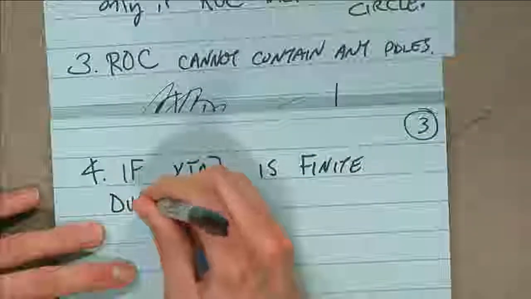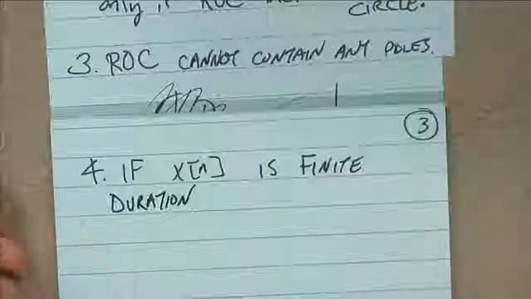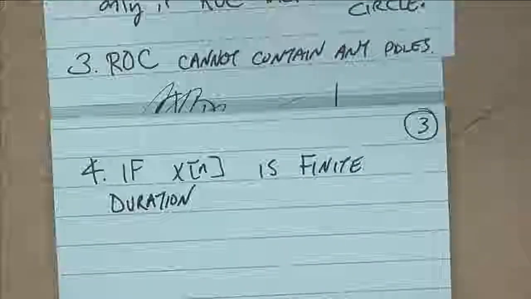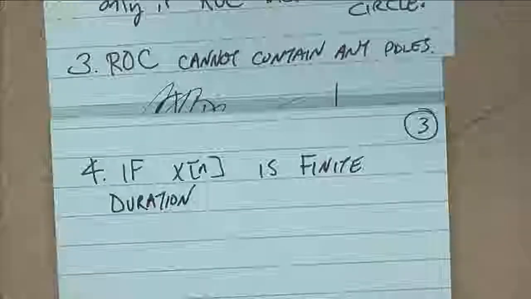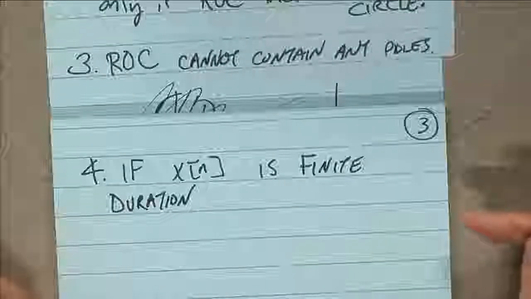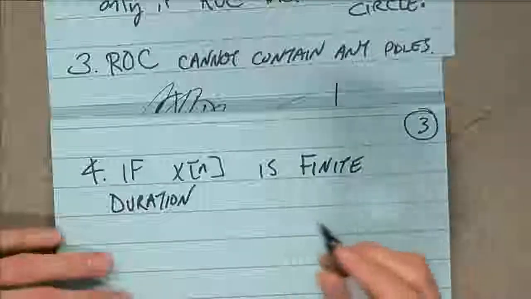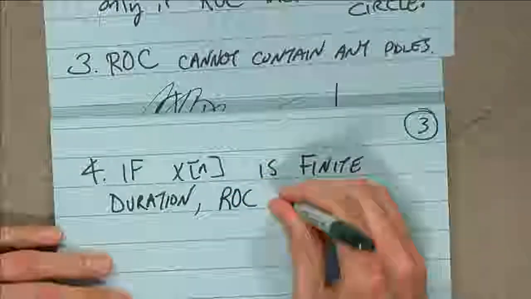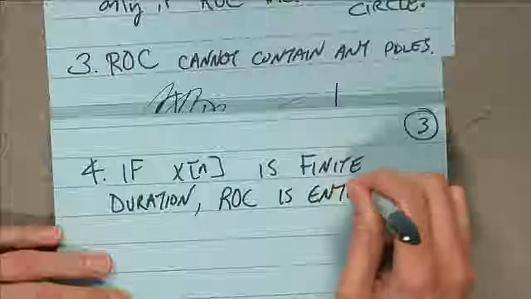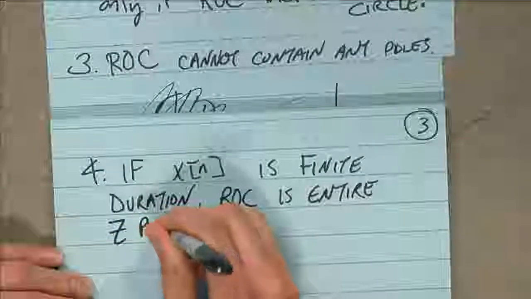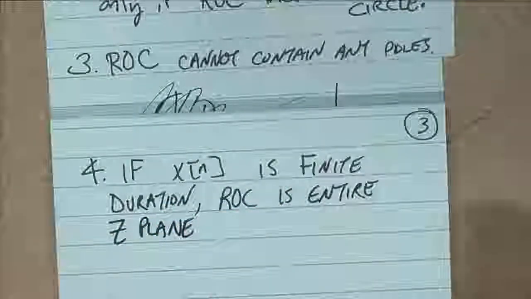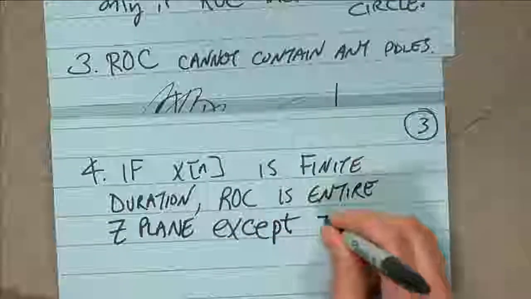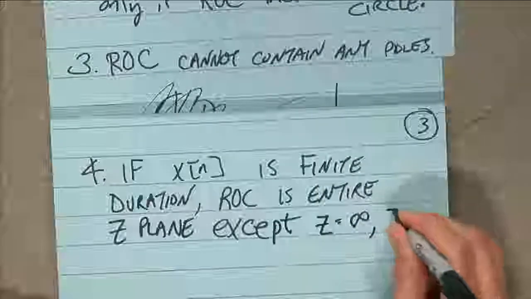That was the sequence of the form like a to the n, z to the minus n, the sum as n goes from 0 to capital N minus 1, one of those types of things where there are only capital N terms. So if it's a finite duration sequence, the ROC is the entire z-plane, with two exceptions: except at z equals infinity or z equals 0.